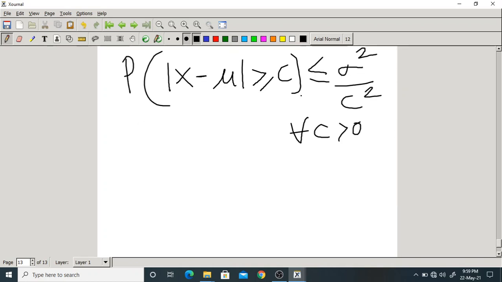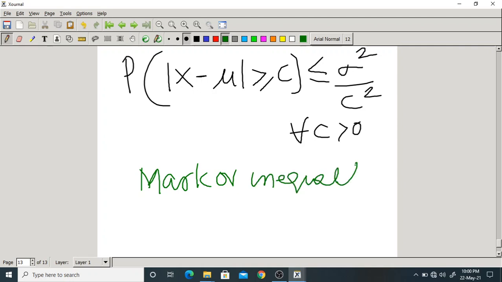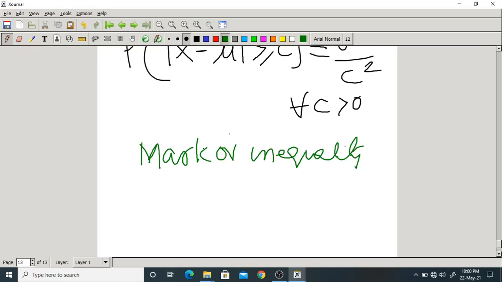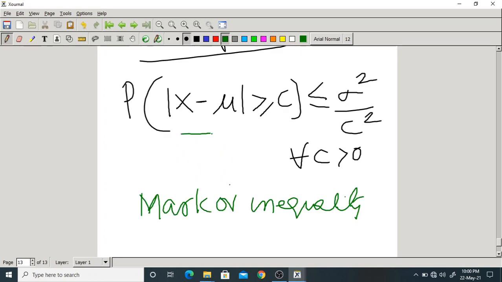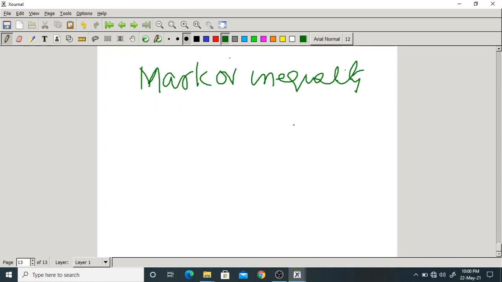Now let us interpret this using Markov inequality. Let us take Markov inequality to prove Chebyshev inequality. What I do is take the square on both sides. I'll take this term, x minus mu whole square.